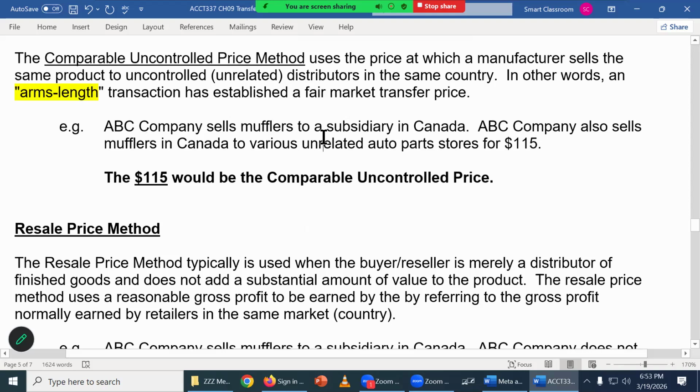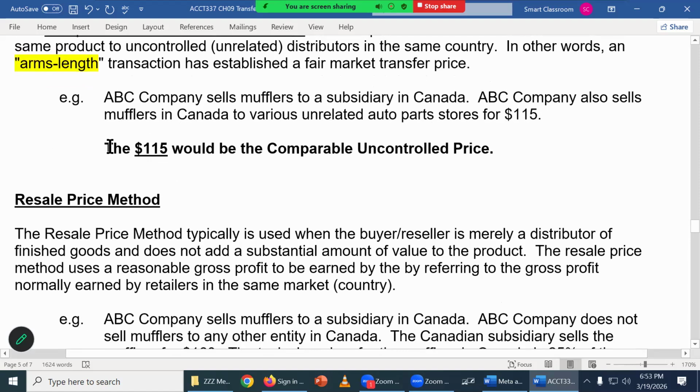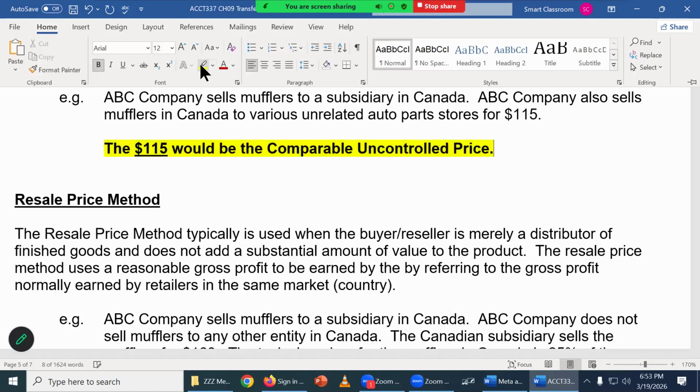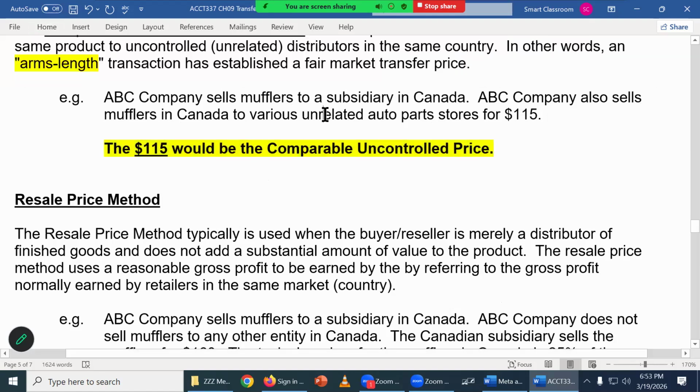ABC company also sells mufflers in Canada to various other unrelated auto stores. Okay, so they sell it for $115 to other stores. So what do you sell it to your subsidiary for? You sell it for the same $115. That's the price the other stores are paying, and that's the price you sell it to your subsidiary.